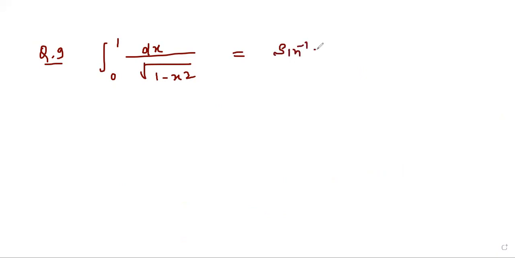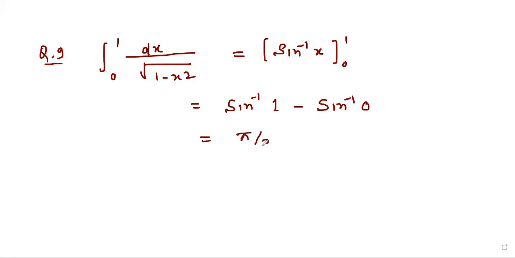So it will become sine inverse x, 0 to 1, which can be written as sine inverse 1 minus sine inverse 0. Sine inverse 1 means pi by 2 and sine inverse 0 means 0. So answer is pi by 2. Let's go to question number 10.